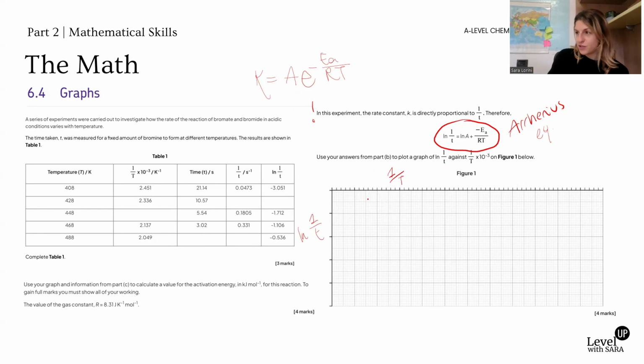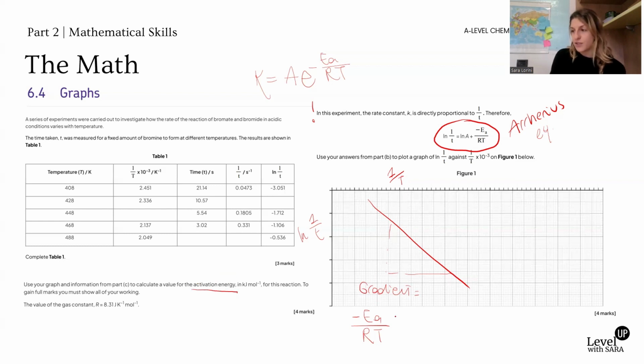you will get a straight line. This straight line will have a negative slope. This negative slope corresponds to the gradient, which is, I'm going to write it here, minus EA over R. So if the value of the gradient is this, how do you find the activation energy? In fact, this is what the question asks.